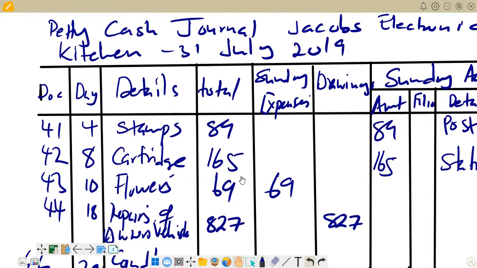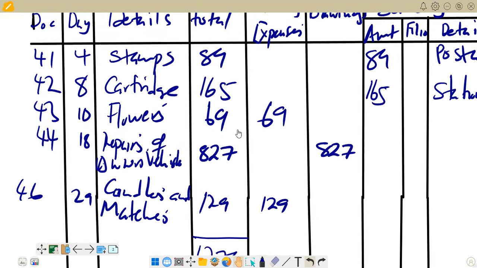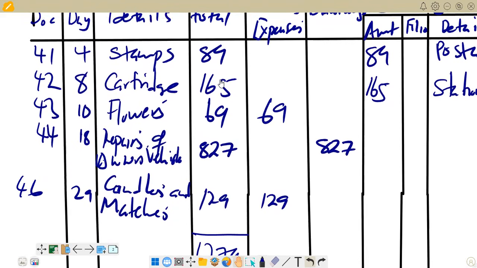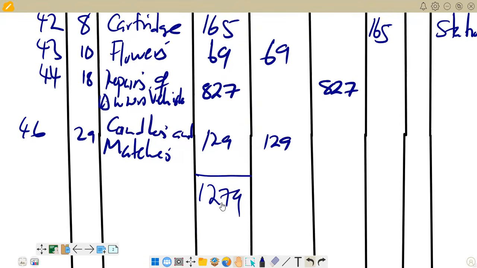We add 89 plus 165 plus 69 plus 827 plus 129. And the answer that we are supposed to get there is 1,279.